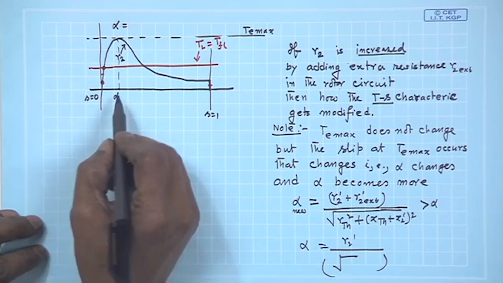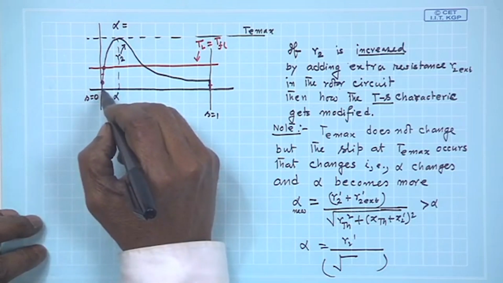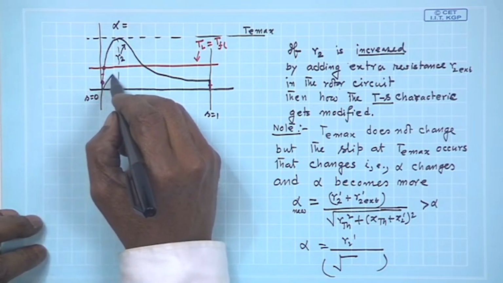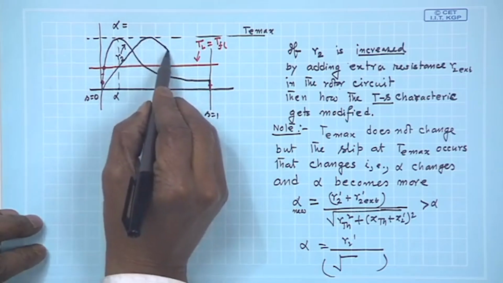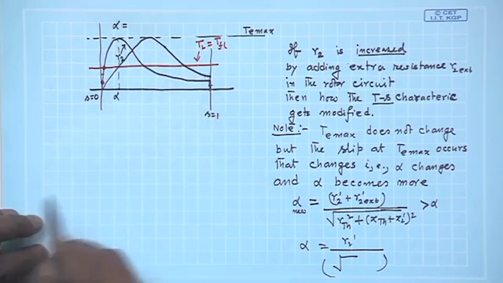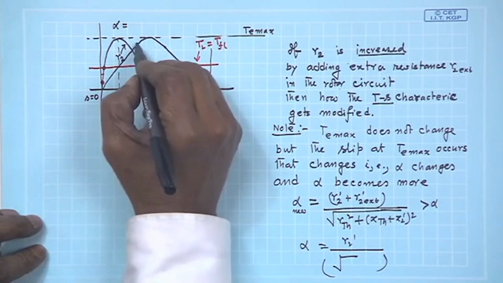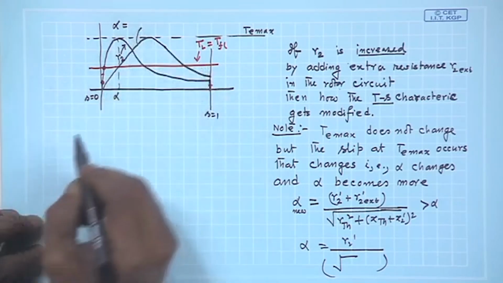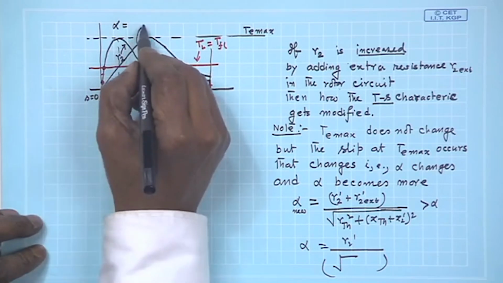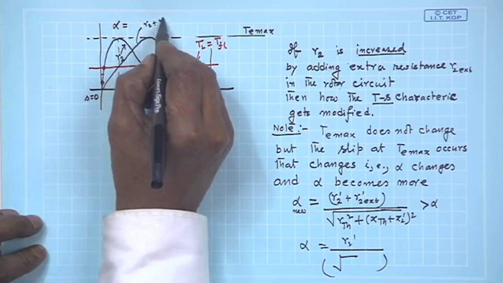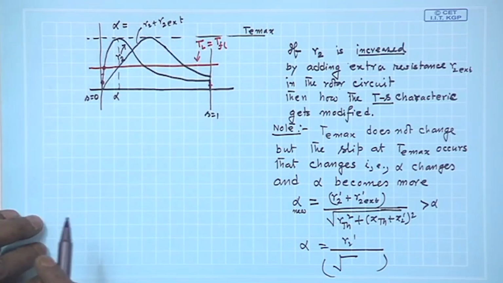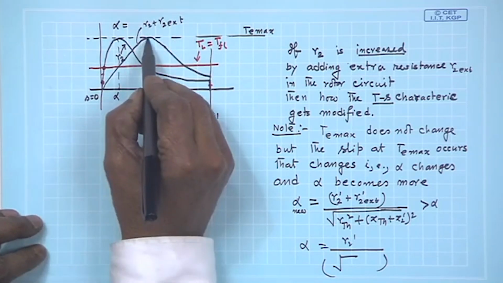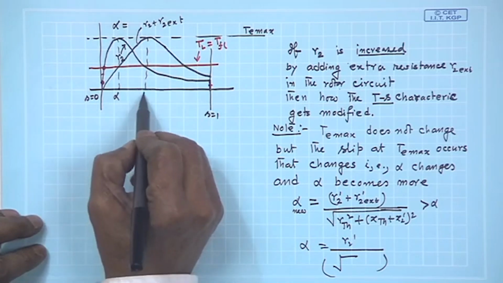Therefore, this alpha was less and it will then become something like this. This one is for R2 dashed, this is for R2 plus R2 external. So, the slip at which maximum torque occurs now will become alpha 1.